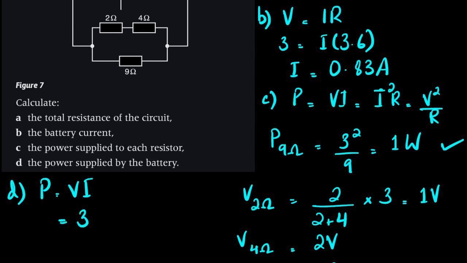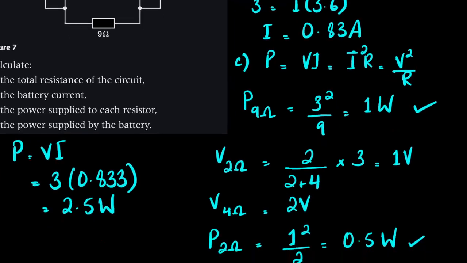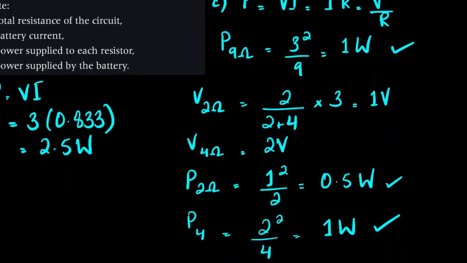And if you use the exact value of the current, if you did this in your calculator, you might have noticed this is 5 upon 6. So if you just use your calculator value, this will also turn out to be an exact value, and this is 2.5 watts.